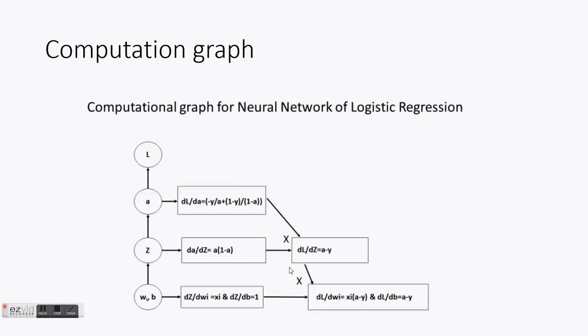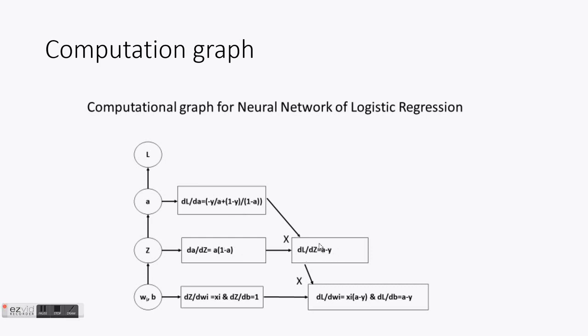And here's a simple computational graph of the same, which is another interesting way to see how the chain rule works. You start from here and go here. dL by dA is the derivative of the loss with respect to A. We have already seen this value, minus y by A plus (1 minus y) divided by (1 minus A), and dA by dz is equal to A into (1 minus A). Now if I want dL by dZ, I just need to take the output of this and multiply it with the output of this.